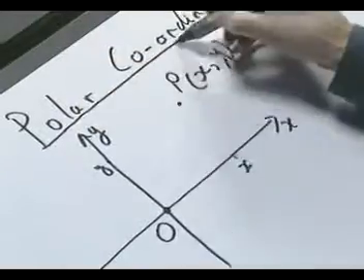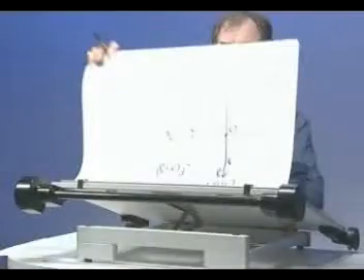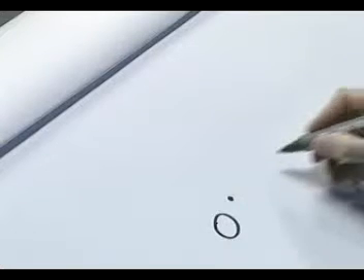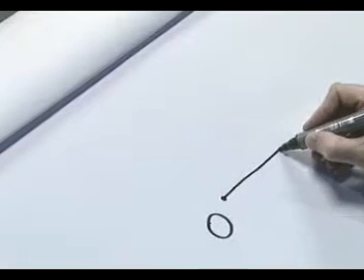Now, there is more than one way of describing where a point is in the plane. And we're going to be having a look at a system called polar coordinates. So in this system of polar coordinates, we take a pole, O, and we take a fixed line.